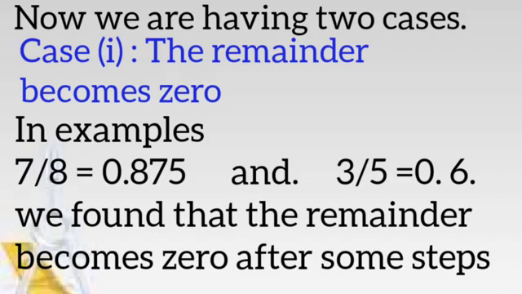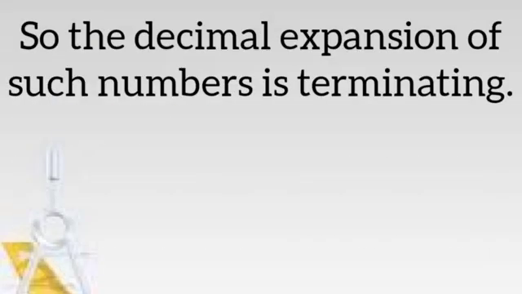After one step, its decimal expansion terminates. So in the first two cases, the decimal expansion of the rational number terminates, that is, stops.